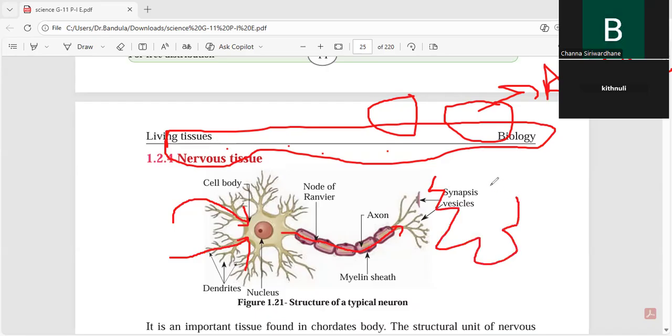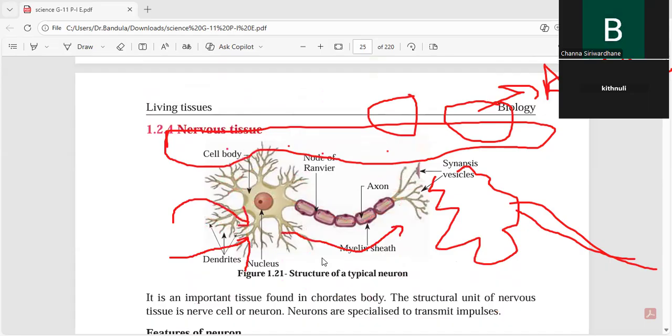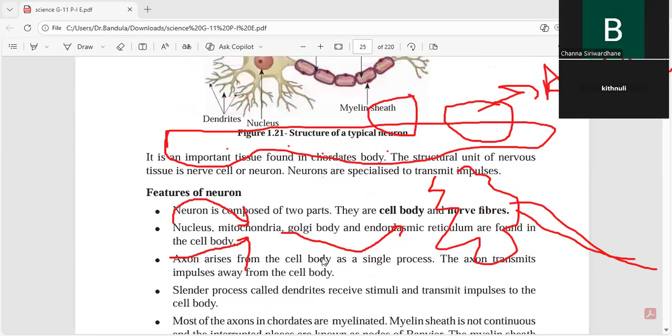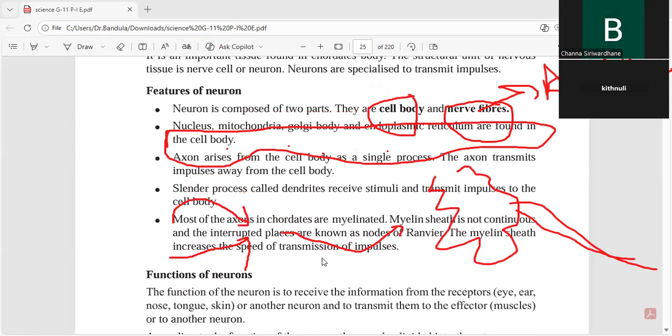Here you will have another neuron. So, nerve impulses are carried away by the axons. Clear?